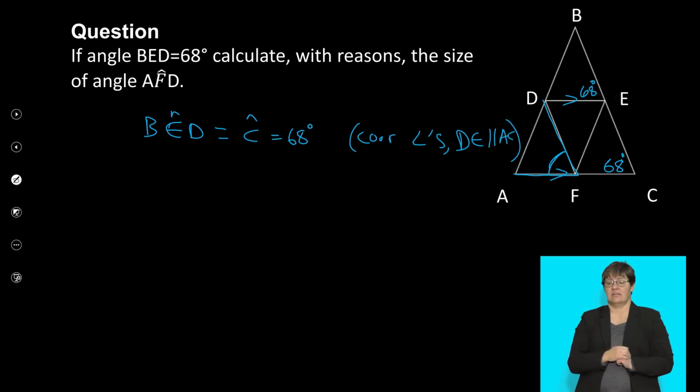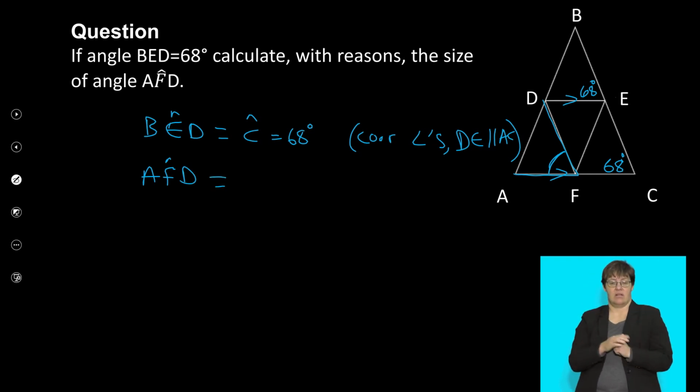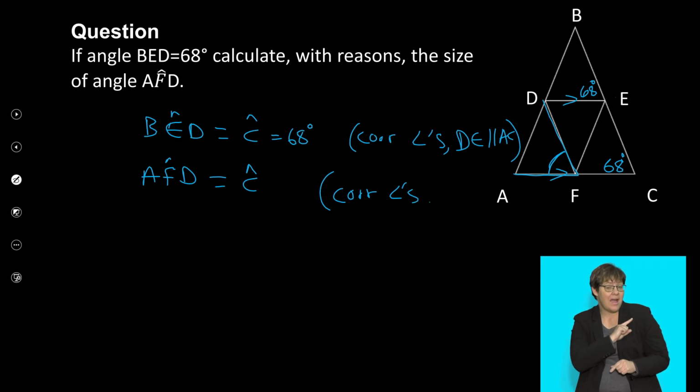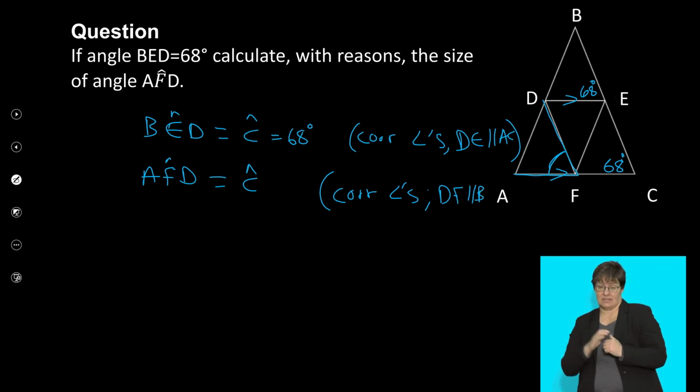And then from there, I also know that angle AFD will be equal to also angle C, which will still also be because of corresponding angles, but now because of different parallel lines, which is my DF parallel to BC, right?